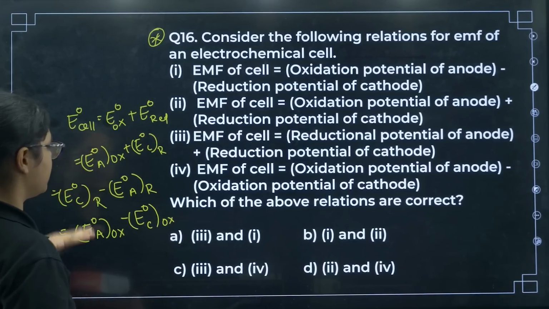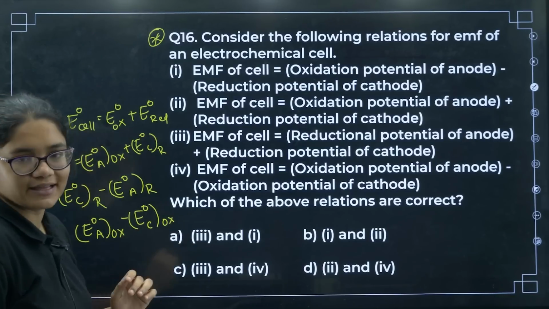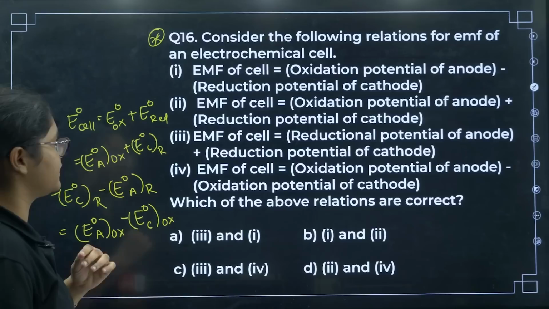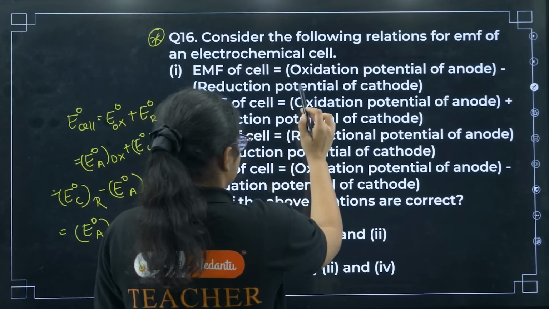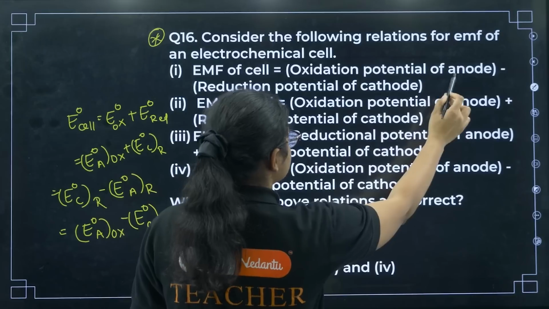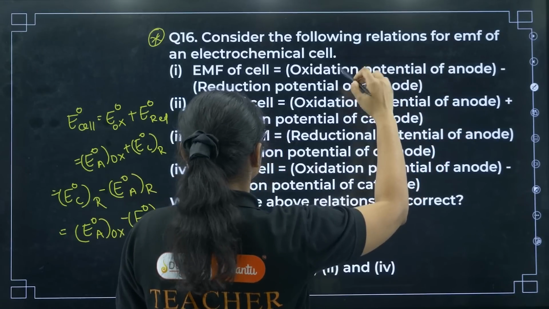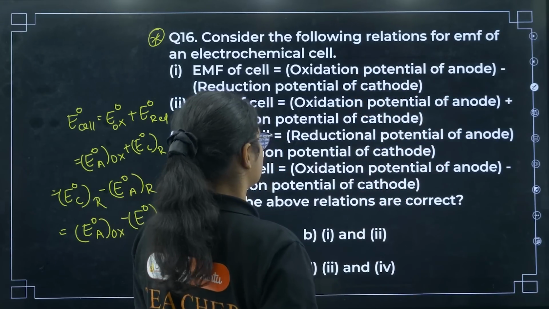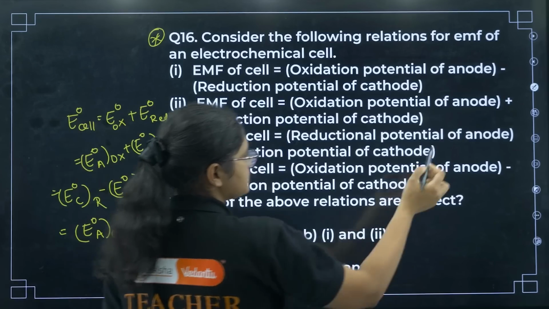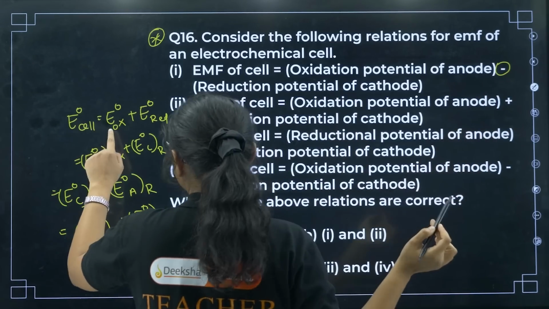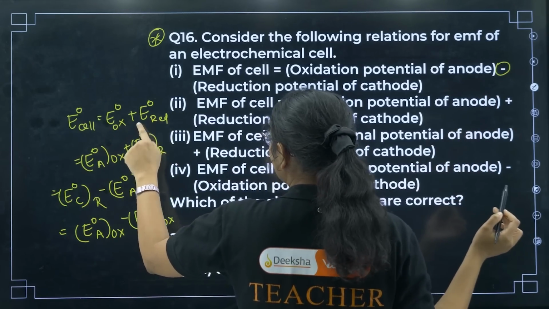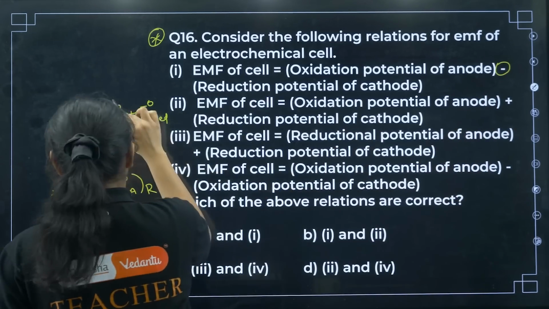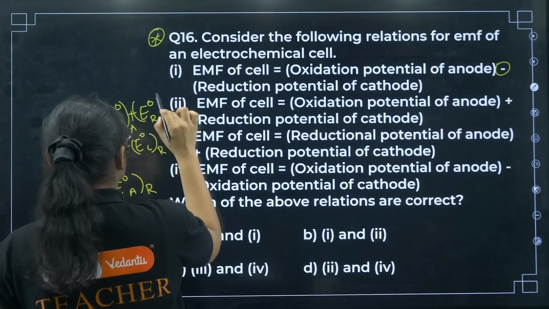So these are the ways you can represent the cell. So first of all, let's see, EMF of the cell is equal to oxidation potential of anode minus reduction potential of cathode. Here this one is wrong. We have seen the first equation is oxidation potential of anode plus reduction potential of cathode. This one is of anode and this one is of cathode.